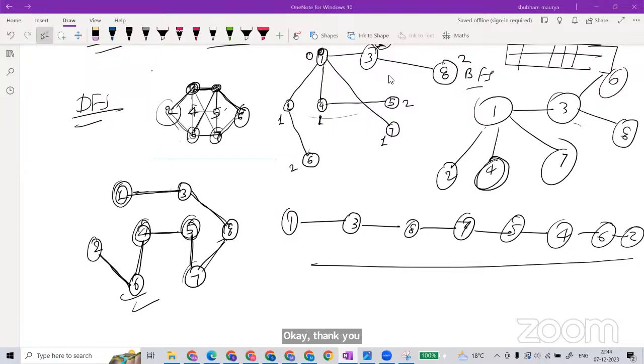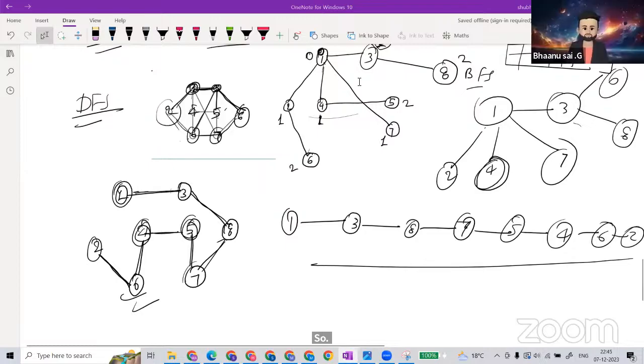That is a kind of randomization. Because of the randomization, if you submit, you will get the bonus marks. Okay, sir. When will this come, sir? Okay, thank you so much.